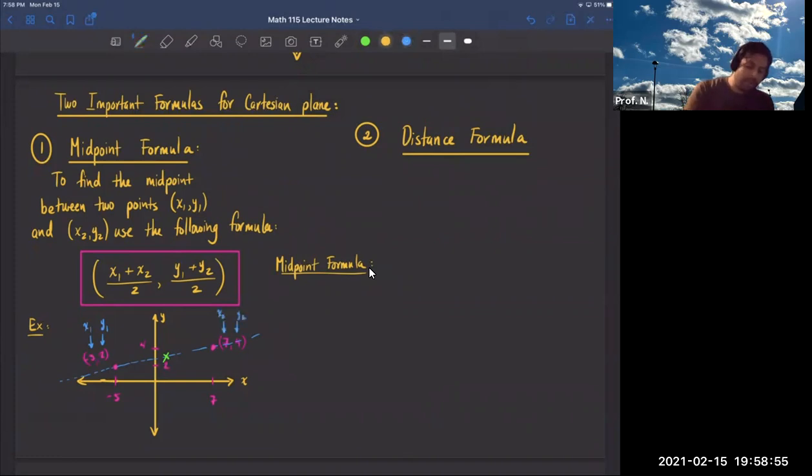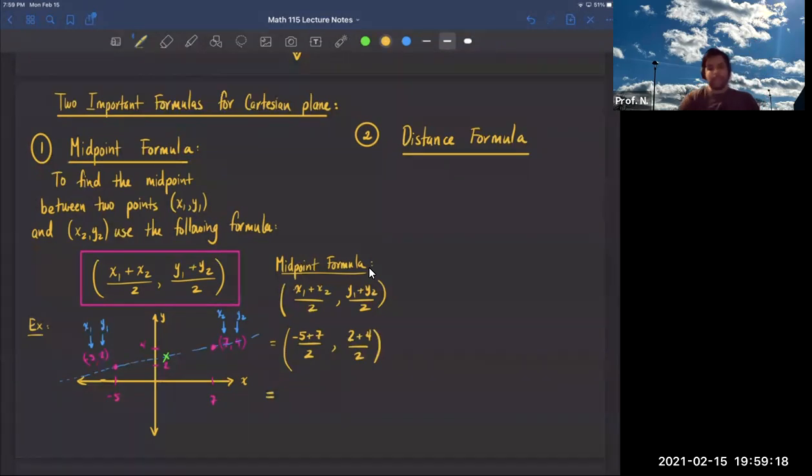So now when I use the formula, x1 plus x2 over 2, comma y1 plus y2 over 2, I know that I'm adding -5 plus 7 divided by 2, and then y1 would be 2 plus 4 divided by 2.